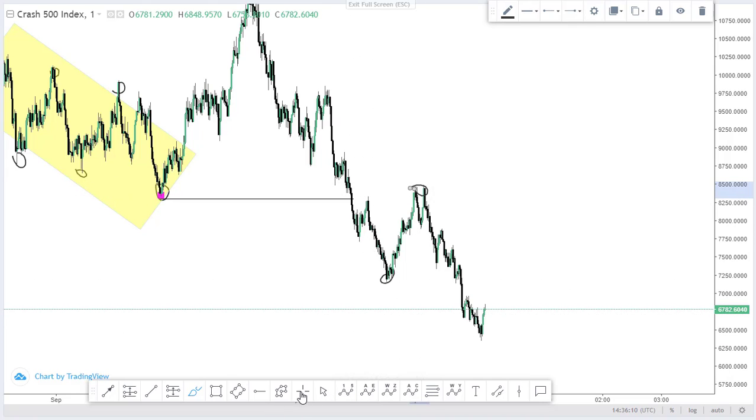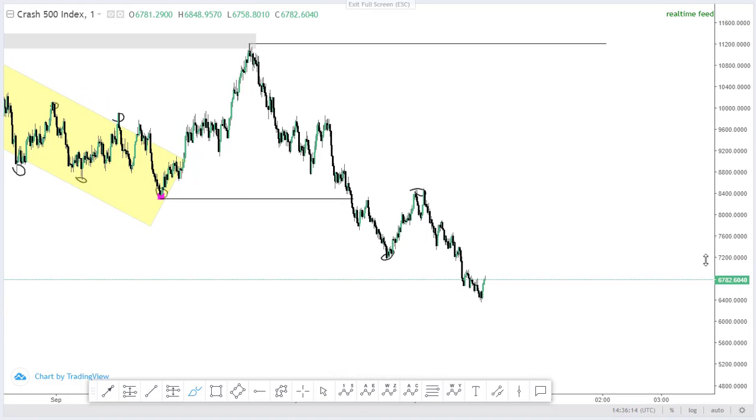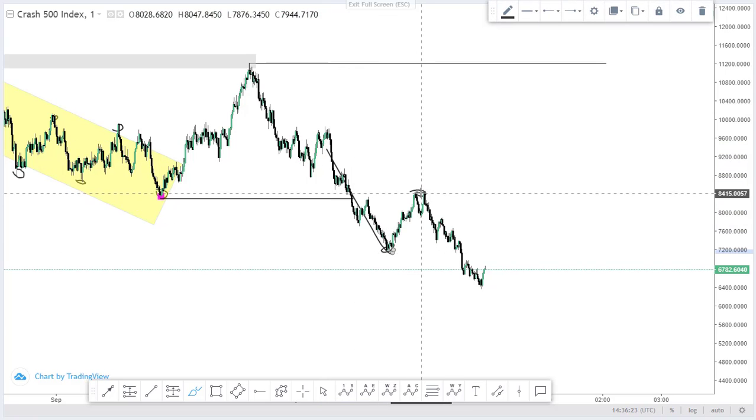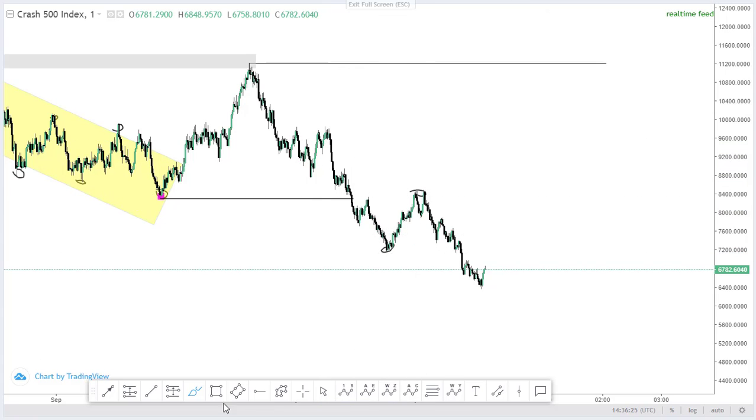So what is your expectation on crash? Let me show you how it will move. Crash index will be moving like this. Expect that as we have a range structure forming on this level, crash 500 will be moving like this.